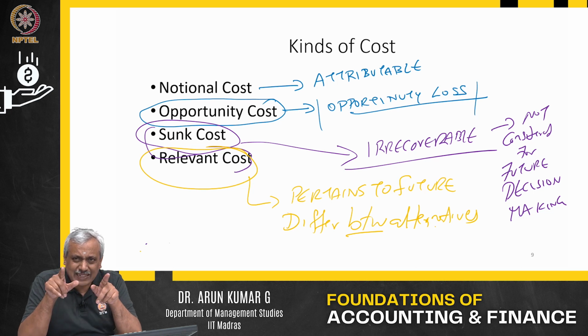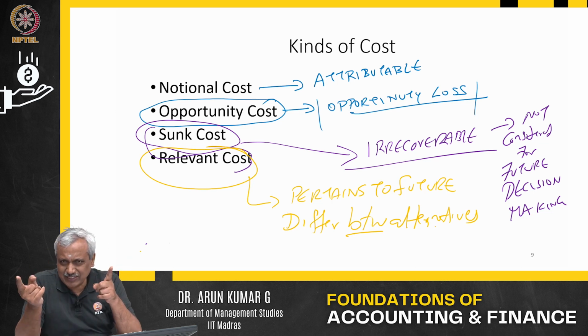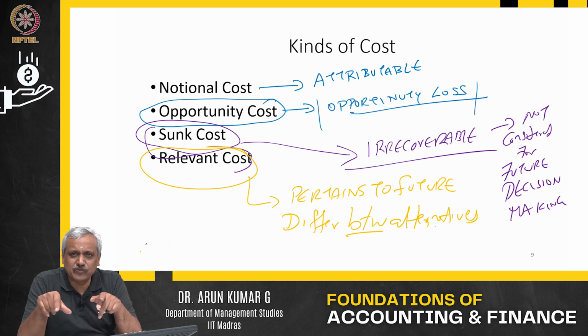Now, if I have to make a decision based only on the fee, what will I compare? Will I compare 22 lakhs versus 15 lakhs at the end of one semester? No, because out of 22 lakhs I have already paid 5 lakhs, that is a sunk cost, gone, irrecoverable. What is the additional cost from that point in time? It pertains to the future.